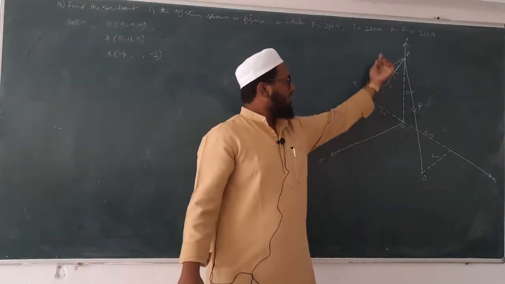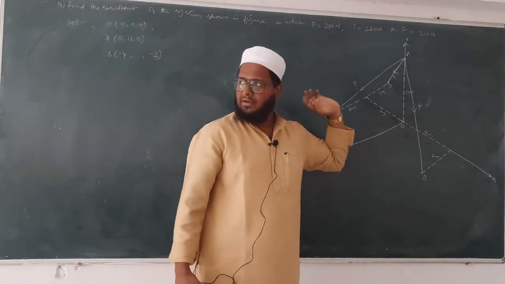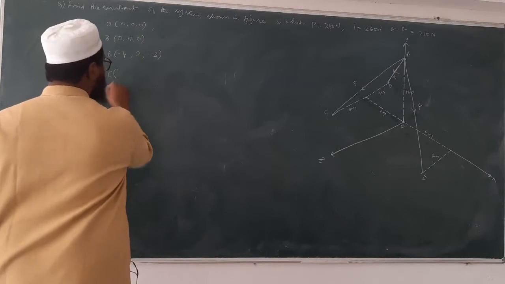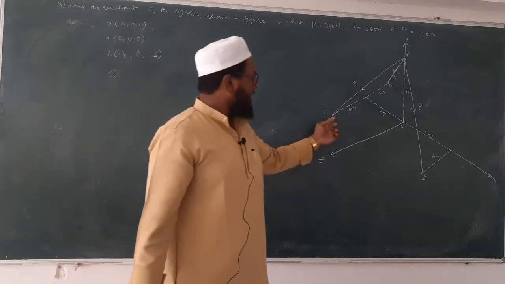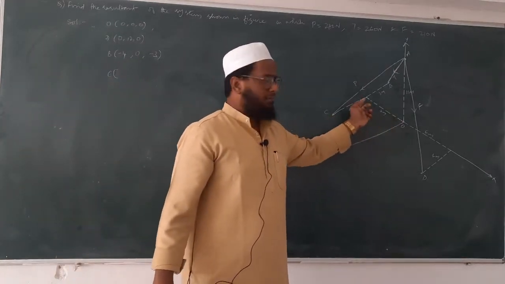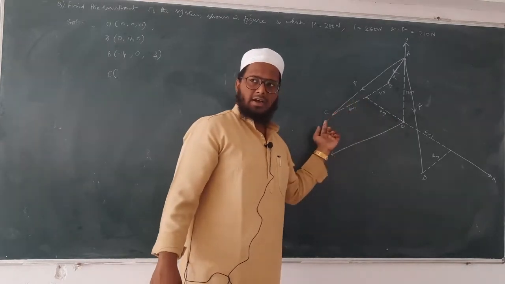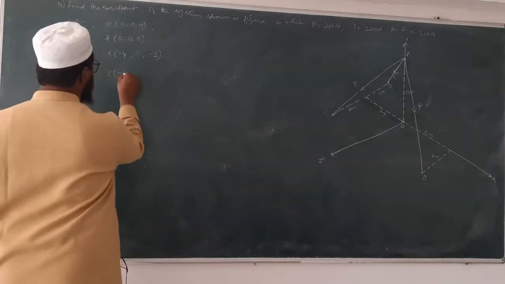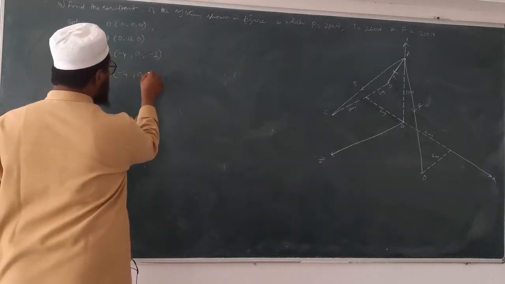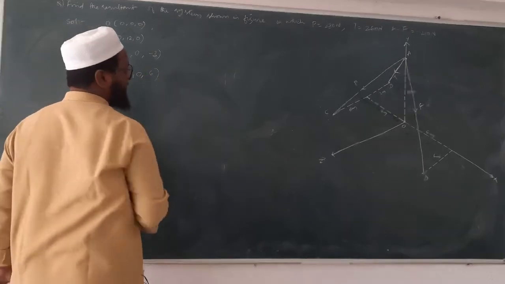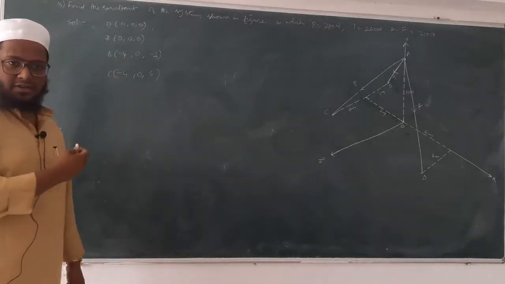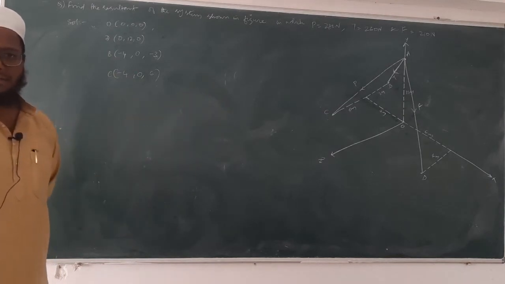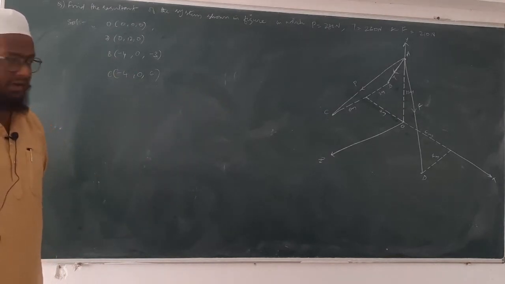If y is given somewhere, a vertical point will be given to us. So here it is 0. What about C? Again minus 4, 0, and plus 6 or minus 6? Plus 6. Why? Because it is on the positive z-axis. Whereas for minus 4, why are we taking minus 4? Because it is on the negative x-axis.